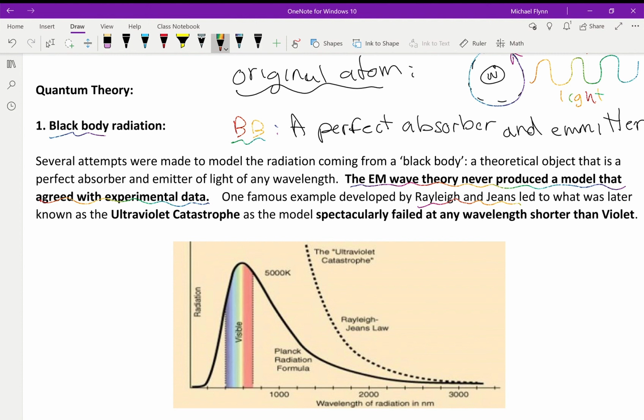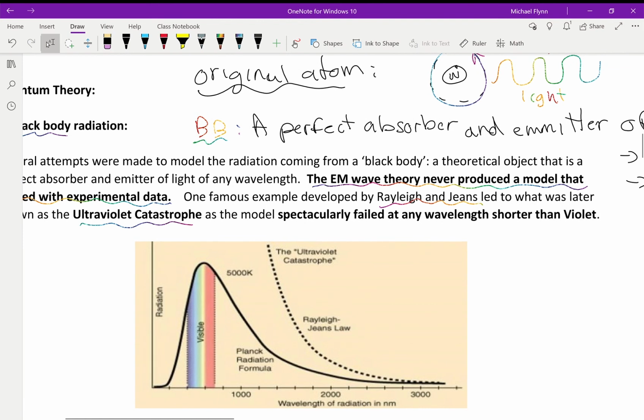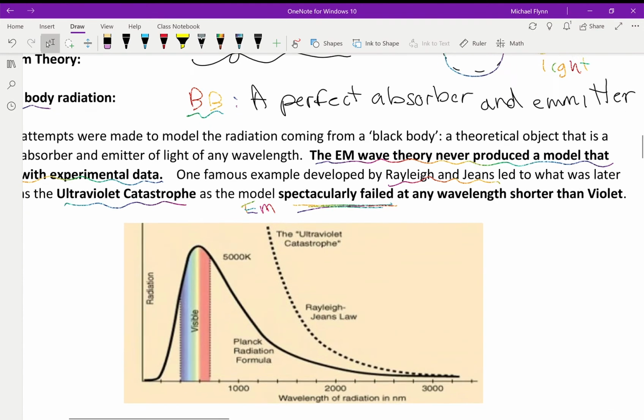What they did was they developed a prediction that we later called the ultraviolet catastrophe. What happened is the wave model, the EM model, that is so successful in every other way, fails spectacularly to explain or to predict radiation at any wavelength shorter than violet.